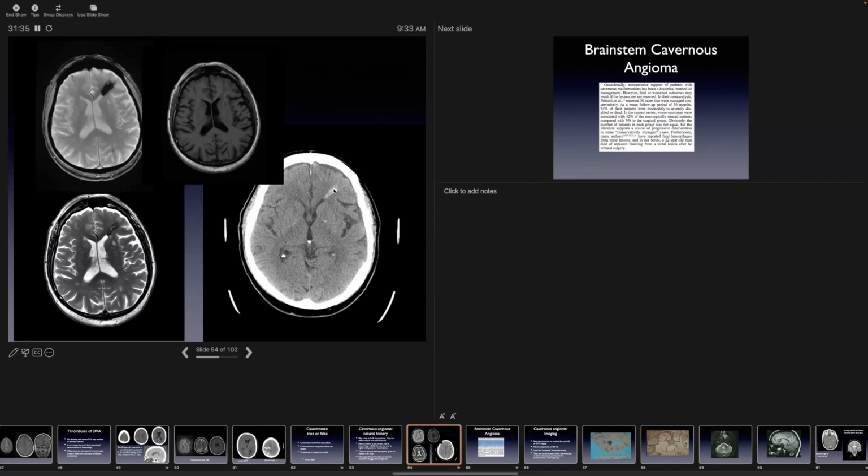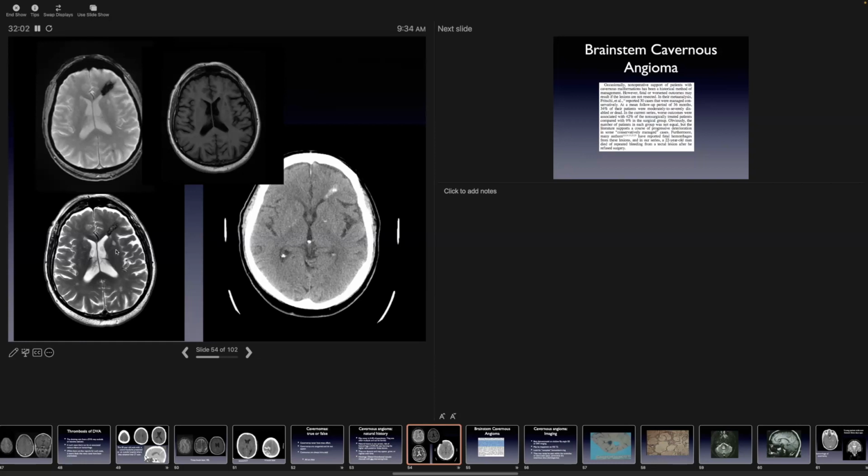I've seen a number of cases after trauma where they get a CT scan in the ER after a fall, bike accident, car accident, and these are mistaken for hemorrhage. And it requires unnecessary follow-up. So be careful about that. If, for example, you think you're looking at hemorrhage, but the nature of the trauma is kind of minor, they fell out of bed, you want to at least consider a cavernoma.